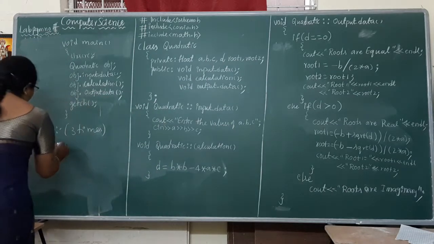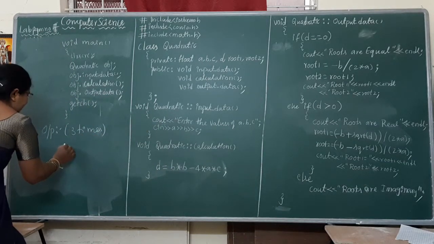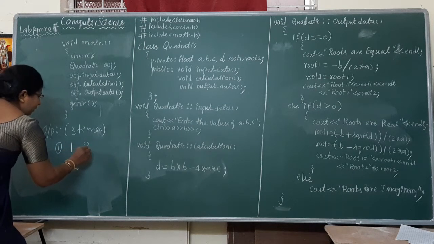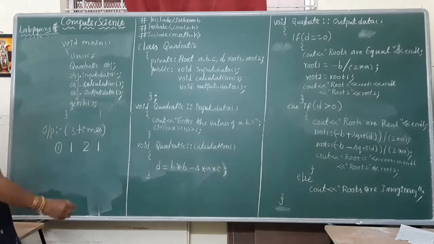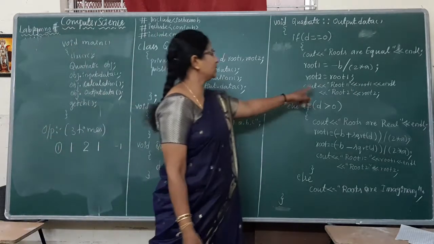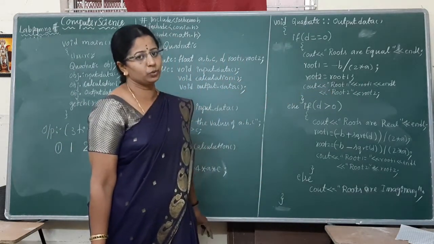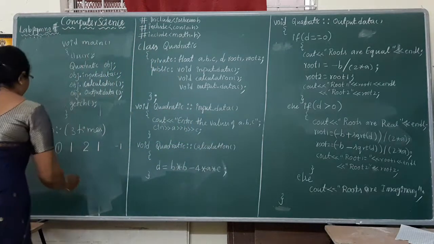First time, when it asks to enter A, B, C, A value is 1, B value is 2, C value is 1. Then you will get the result -1 for both. Root 1 is equal to -1, root 2 is equal to -1. Both roots are equal.